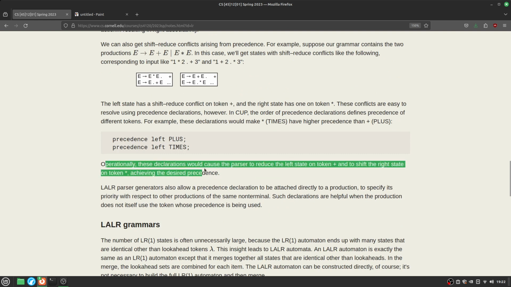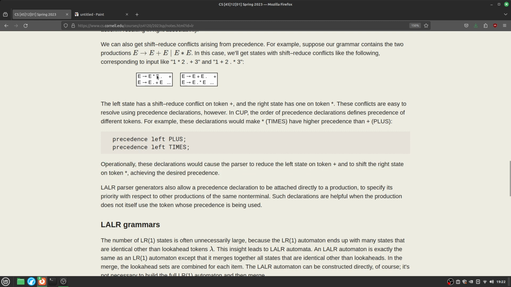Operationally, these declarations would cause the parser to reduce the left state on token plus, so reduce when we see a plus token, and to shift the right state on token asterisk, achieving the desired precedence.